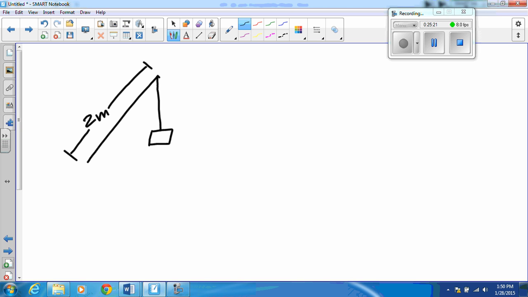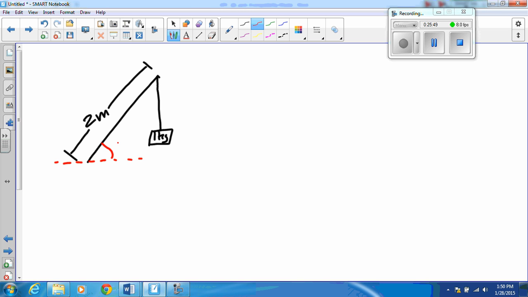You stick your pole in the sand, and we're going to say we've got a fish hanging off it or something like that. And it's a 1 kilogram blockfish. The bones are terrible. They're square. Just kidding. And so now we wonder how much torque is being exerted on this guy right here.